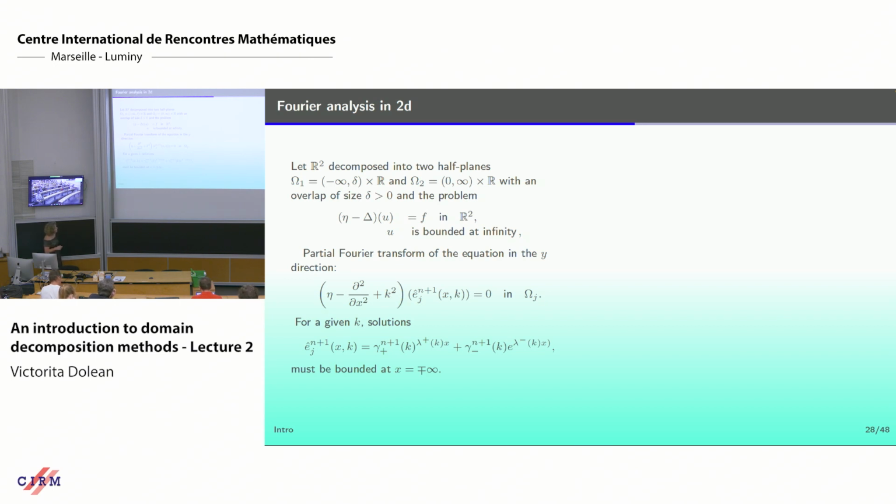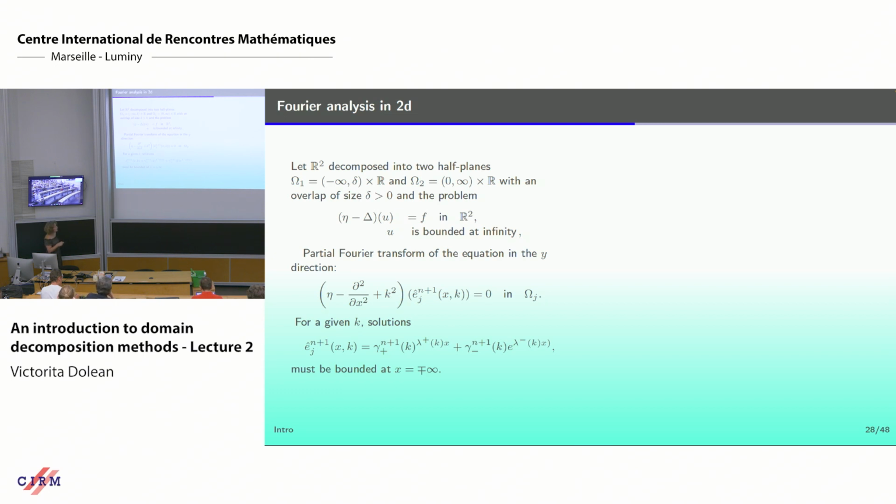So this is a very simple second order ODE. You can compute it. It's just a combination of exponentials. Here there's a glitch, a problem: there should be an exponential of lambda plus here, right? So it's a linear combination of two exponentials, with negative and positive real parts. And you need to impose the condition that the error should be bounded at infinity.